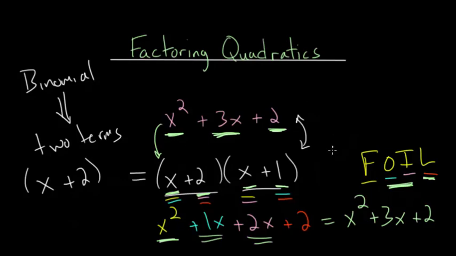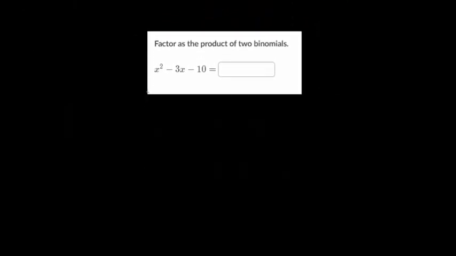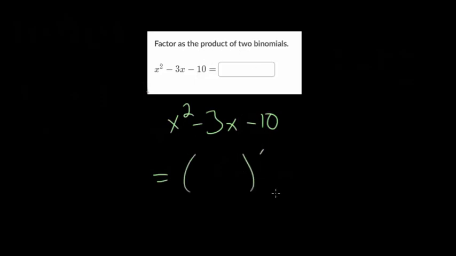So let's try to apply this method to a different example problem. In this problem, we have x squared minus 3x minus 10, and we want to see if we can factor this into a product of two binomials. So we're going to have two terms in each of these. As we discussed above, we're going to use the FOIL method, but in reverse.